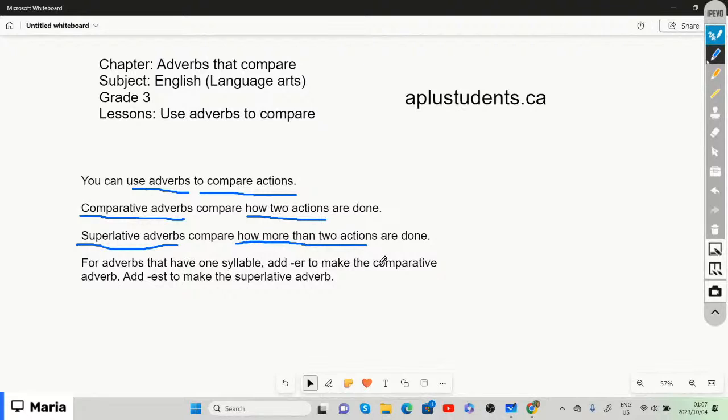And when it comes to adverbs that have one syllable, we just add an ER to make the comparative adverb. So for example, the word fast.